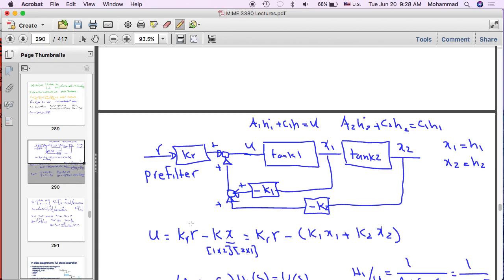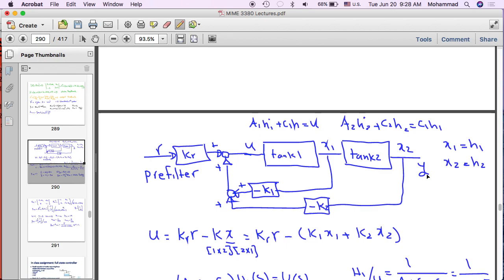By the way, this is y. Y is the output of the system. In this case, we decided y is x2. So what do we want y in steady state to be equal to?